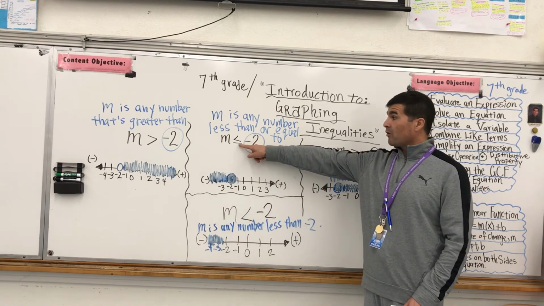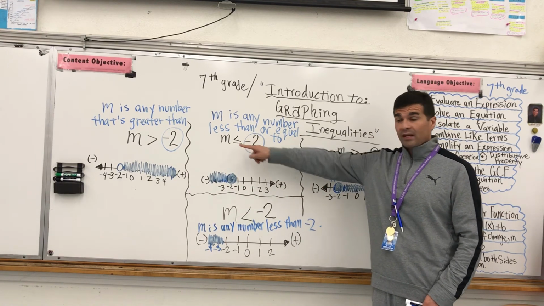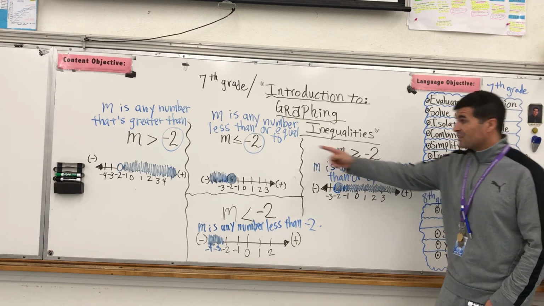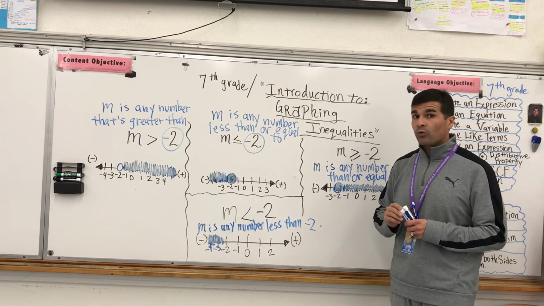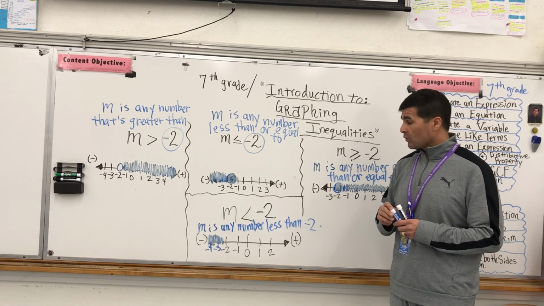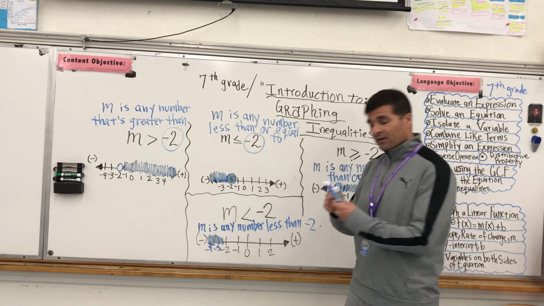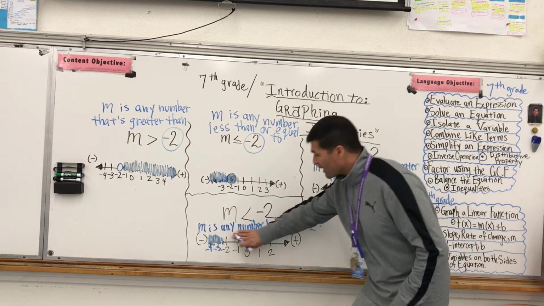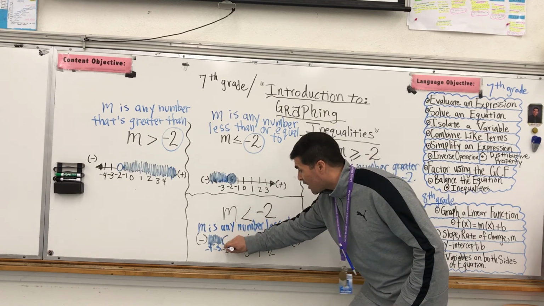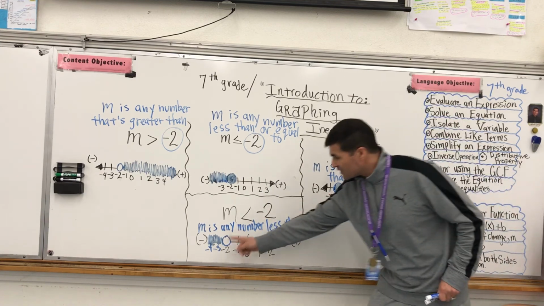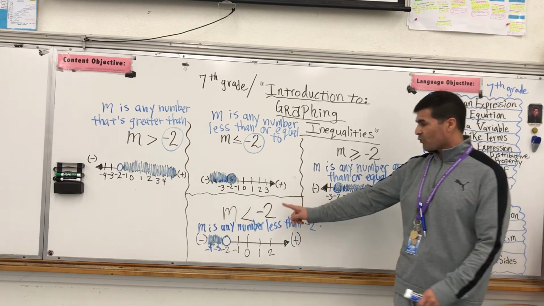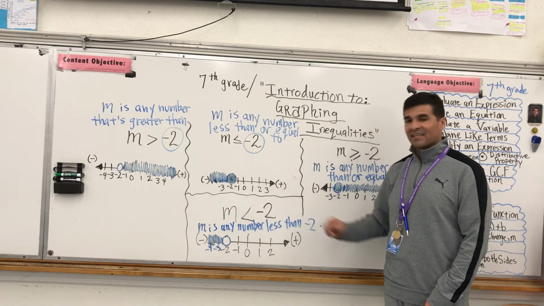Well, did it have a small equal sign underneath it that was straight or slanted, like these two examples? No, it didn't. So m could not be equal to negative 2. Well, what kind of circle should I put on top of that negative 2? That's right, guys. Hopefully you drew in an open, clear circle on top of the negative 2. This is what your picture should look like for this graph right here, where m is less than negative 2.